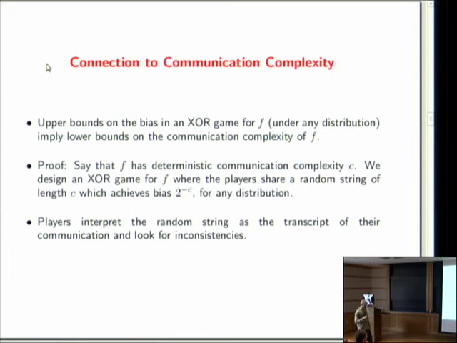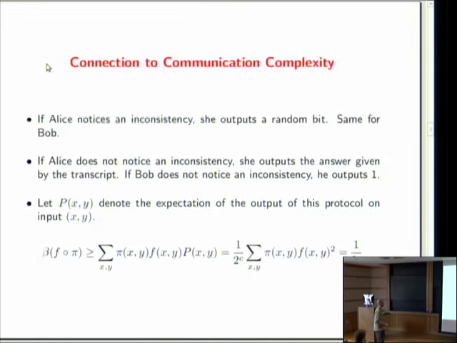Okay, so as I said, we can freely assume that the players have access to shared randomness. So basically they're going to share a random string of length c and interpret it as the transcript of their communication protocol. Basically they're just going to go through their communication protocol without communicating.